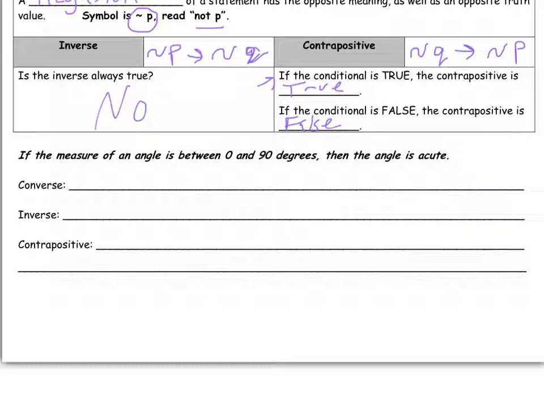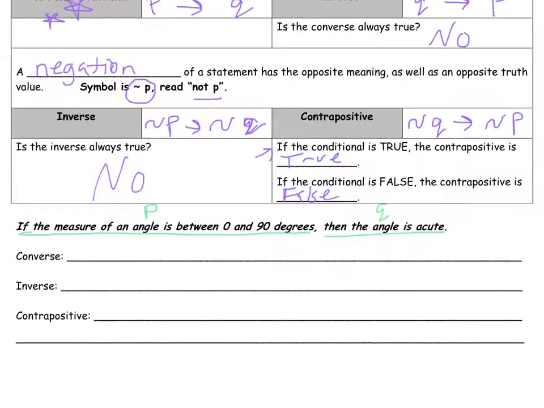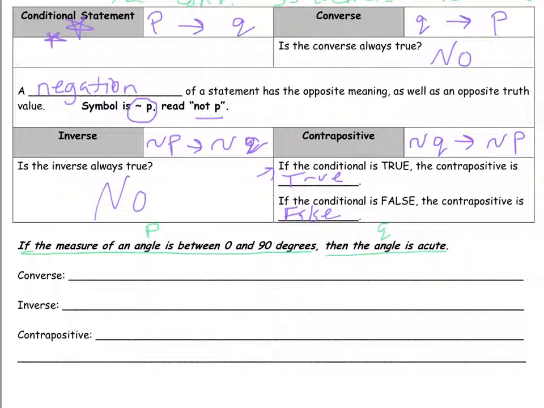Okay, so we have the original statement, the conditional statement: if the measure of an angle is between 0 and 90 degrees, then the angle is acute. So this is my hypothesis, this is my conclusion. The converse, remember, starts with the original statement's conclusion. So we would say if, because all of these will start with if, and we're talking about the measure of an angle, so we're going to include that here.